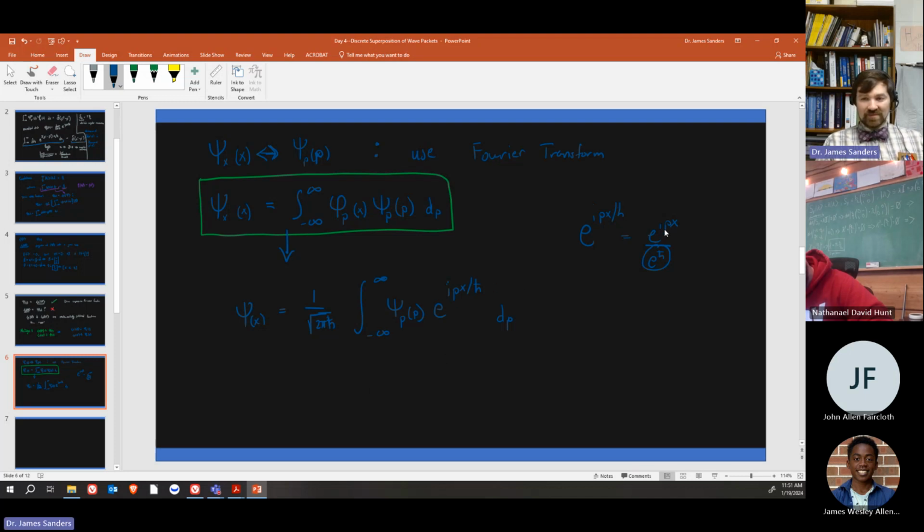So this i px dp is like an i omega t dt. It is a Fourier transform. You just replace time and frequency with position and momentum. And if you want to go the other way around, it looks like this.